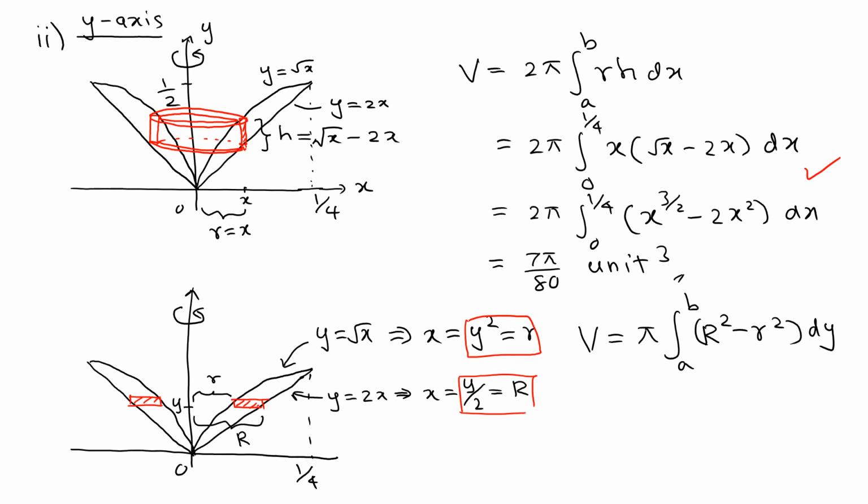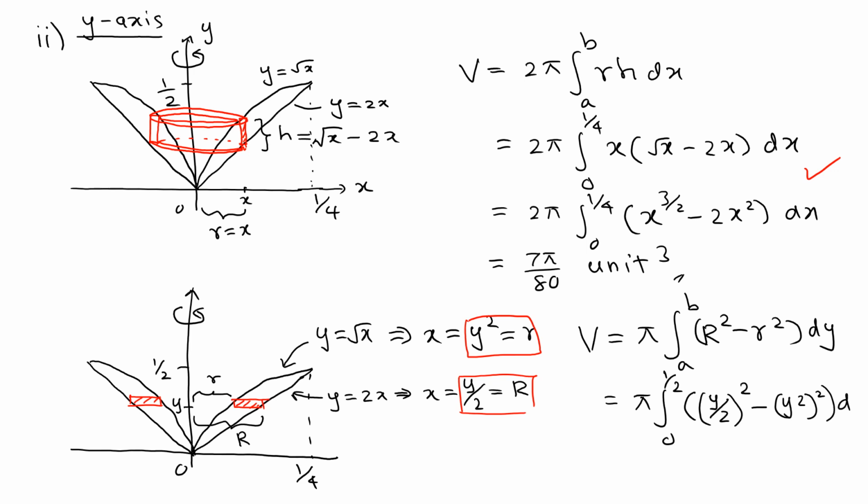We have pi, and the y values are going from 0 to 1/2. That's the reason why we want to find those things. Large R is y over 2, so it's y over 2 squared, minus small r, which is y squared, so it's y squared, and dy.